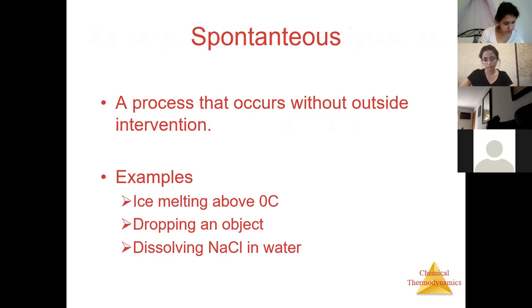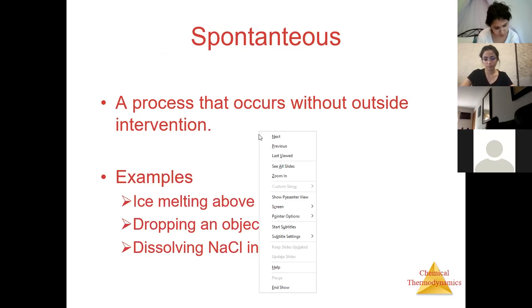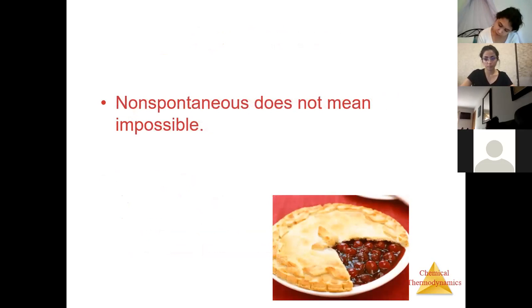If you take an object and drop it, that occurs spontaneously. If you just take table salt and put it in the water, it spontaneously dissolves. These things occur immediately, and you don't have to do anything to get the salt to dissolve in water. Non-spontaneous doesn't mean impossible.